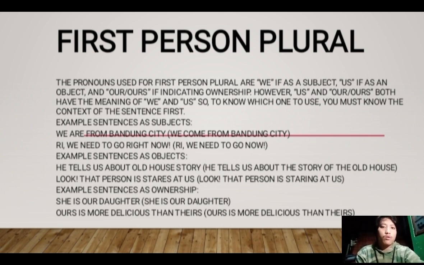To know which one to use, you must know the context of the sentence first. Example sentences as subject: We come from Bandung City. We need to go right now.